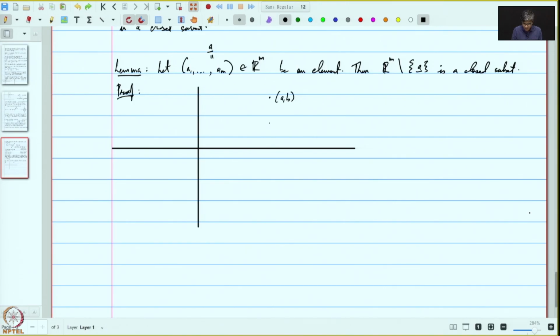So let's just take any point (x, y). Okay, so how will we prove this? So let x bar = (x1, ..., xn) in Rn be in the complement of this point.